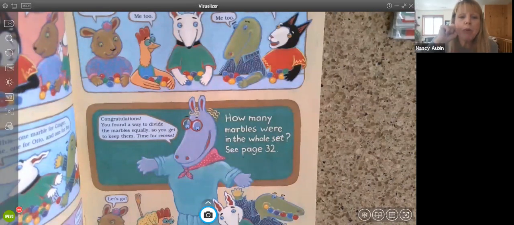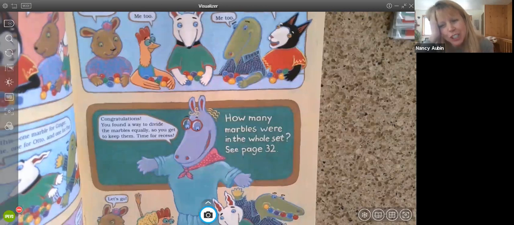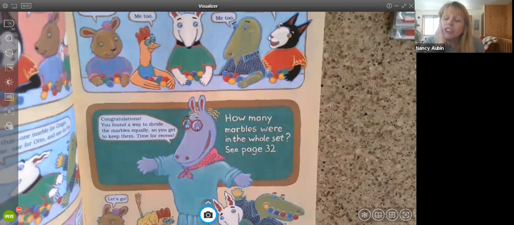I just want to point out though that 1/5 of the set was 6 marbles each. So look at your picture. Use that same thinking, but use 6 in your groups. So 5 groups of 6. What would that equal, Lennox? Do you think you know? Sawyer, what do you think?